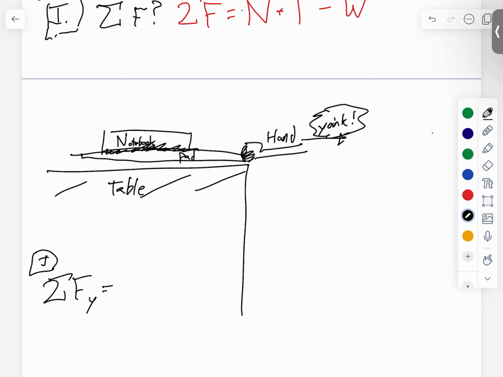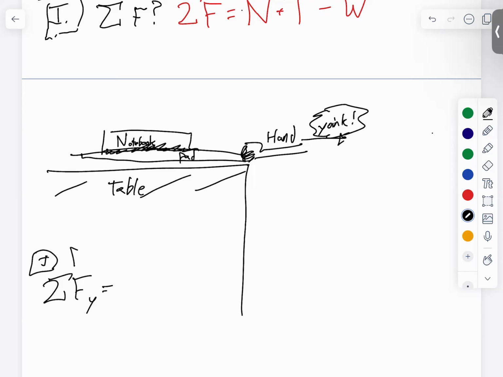Pad. And again, we're talking about the pad. It's all about the pad. We'll talk about the notebook and table and hand later. Give me the pad total. Oh, and talk to your neighbor. It should be louder in here.